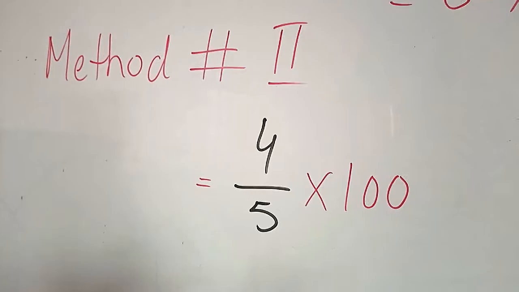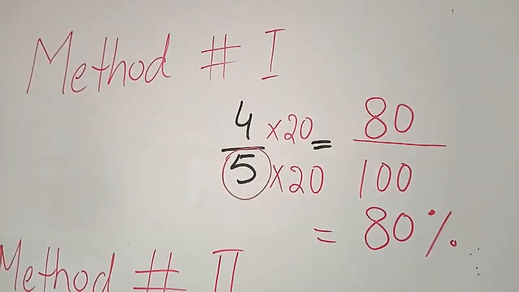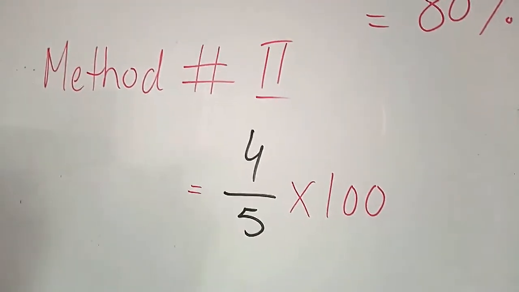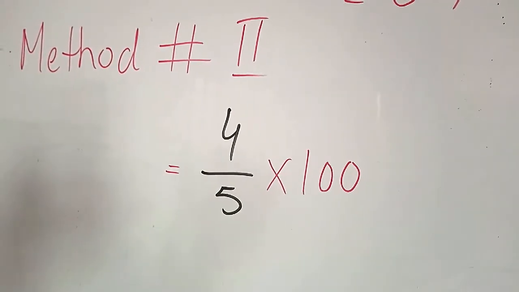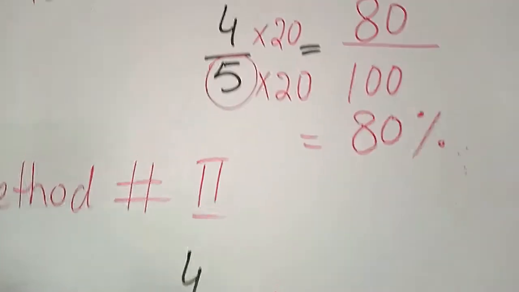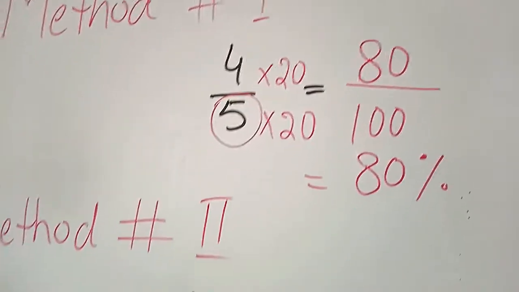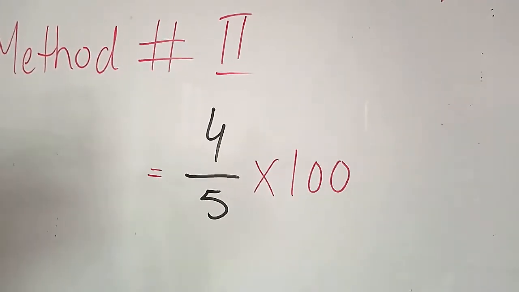Method number 1 is not applicable in all situations, but method number 2 we can use in any case, in your upper classes as well. Method number 1 is, I think, just for your level 5 or 6, but method number 2 you can use in upper classes and in college as well.